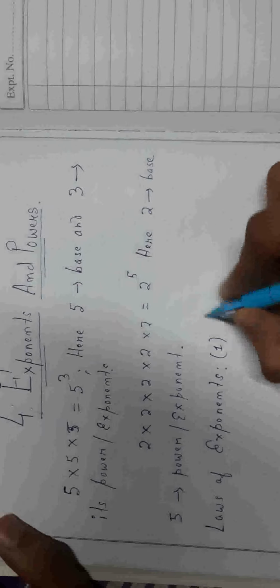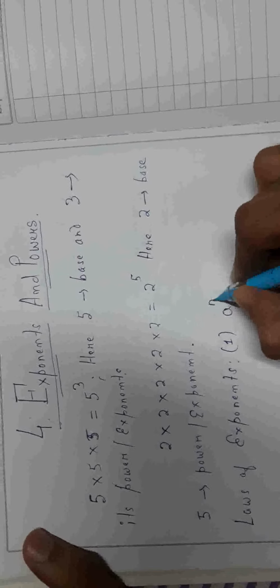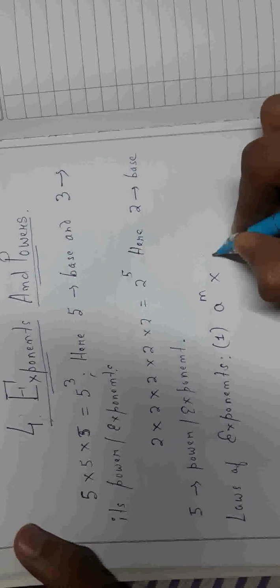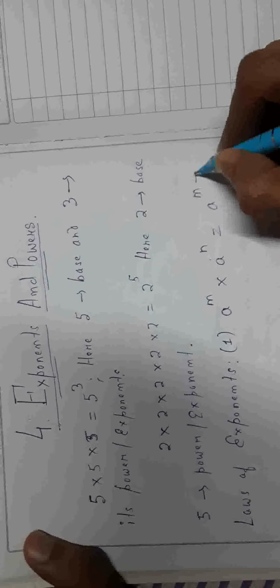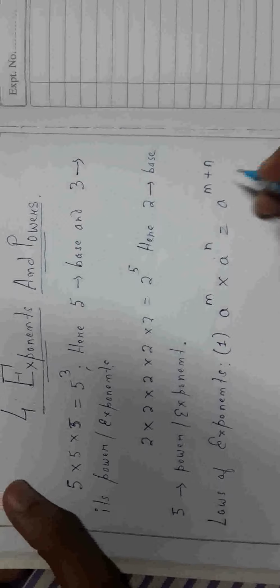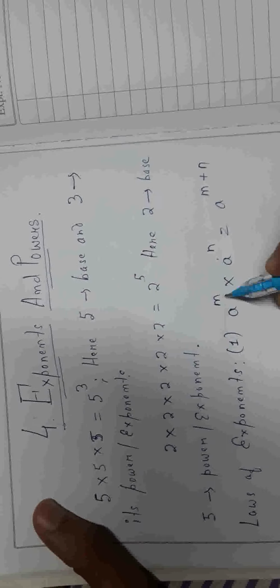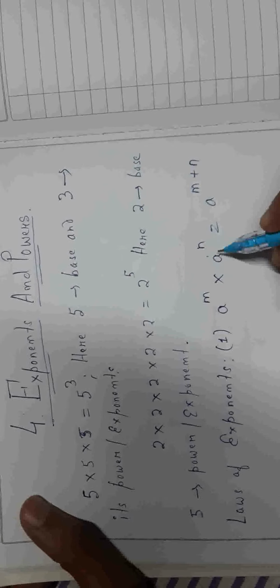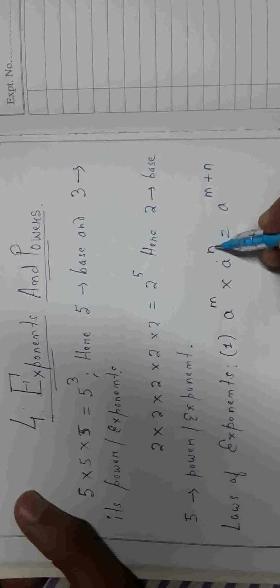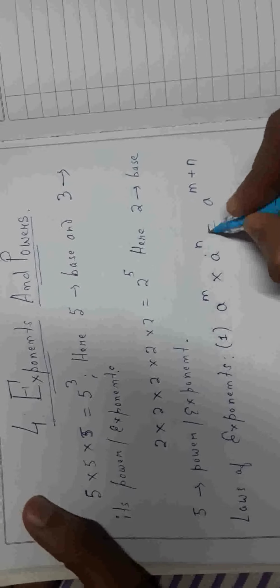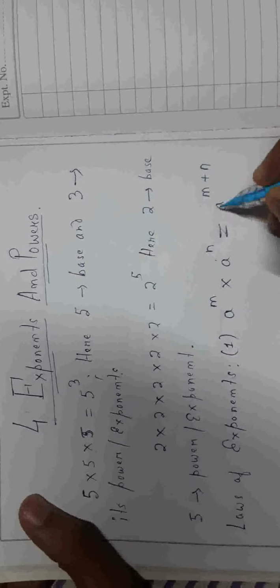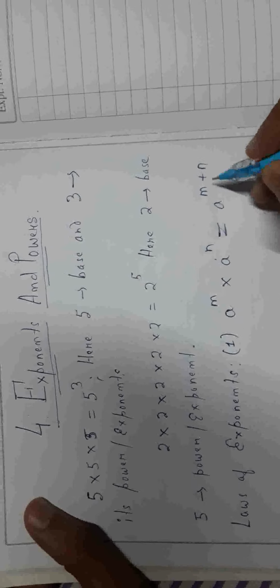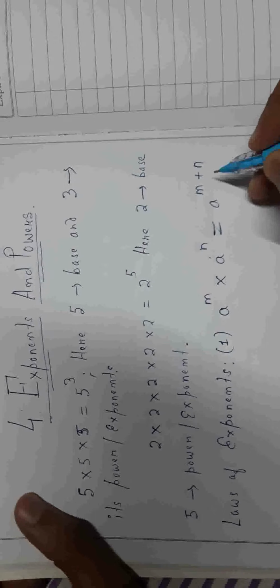The first law says that if you take one number a raised to the power m, and then another same number a raised to the power n, it always gives the result equal to that number to the power m plus n.